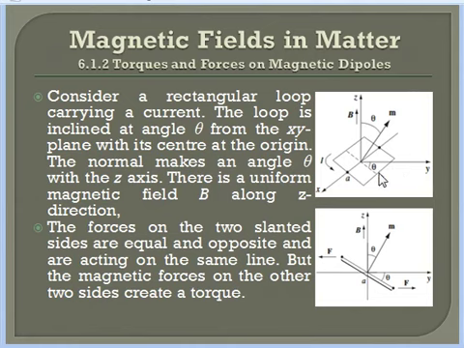Here the length of the side and the magnetic field are perpendicular to each other, because the field is along the z direction and this B is along the y direction. It is a three-dimensional view. So both of these lengths B are perpendicular to the magnetic field, and they will experience a force.